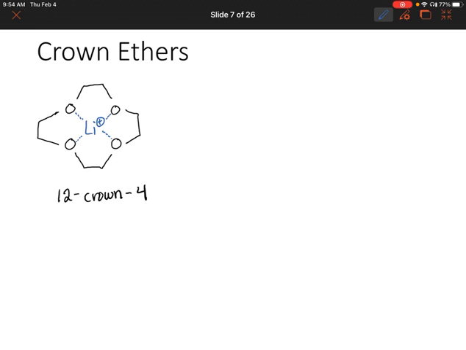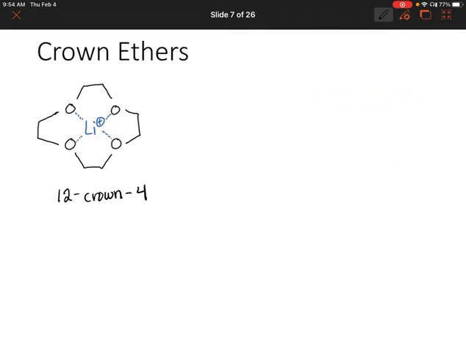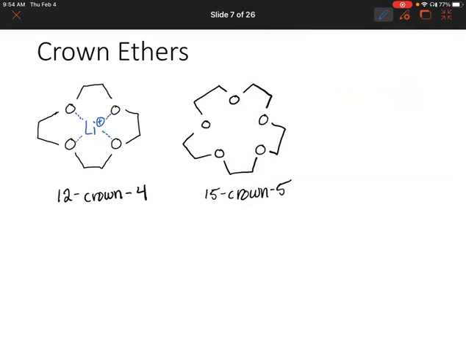Now, 12 crown 4 is small, so it really can only hold lithium, but there are other crown ethers that can hold larger metal ions. So the next one we'll draw has 5 oxygens, and they're all again connected by 2 carbon chains. And this one's a little bit bigger. It's called 15 crown 5, and this one can hold a sodium ion.